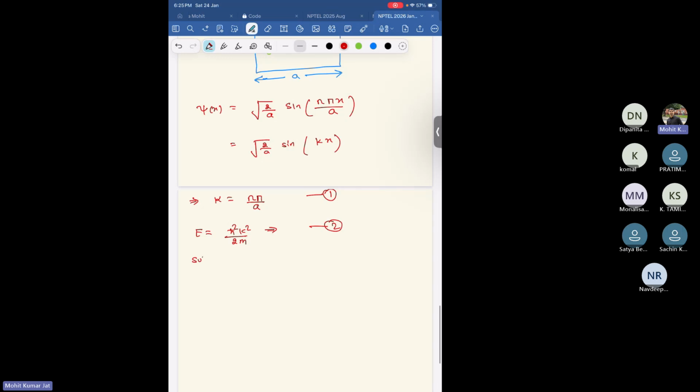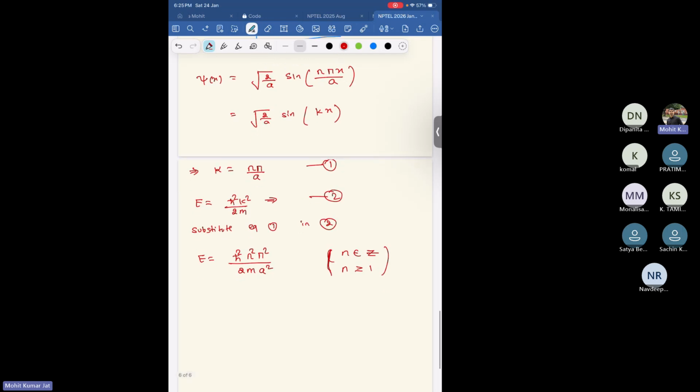If you substitute equation 1 in 2, then what you get is your energy, which is h bar square n square pi square by 2ma square, where n can belong to integers and n has to be greater than or equal to 1, and n can't be 0 because zero energy is not allowed from quantum mechanics, because delta E delta t has to be greater than h bar by 2, the Heisenberg uncertainty principle.